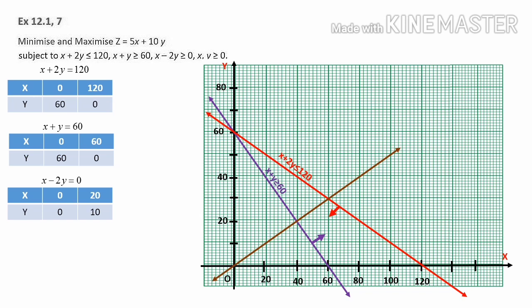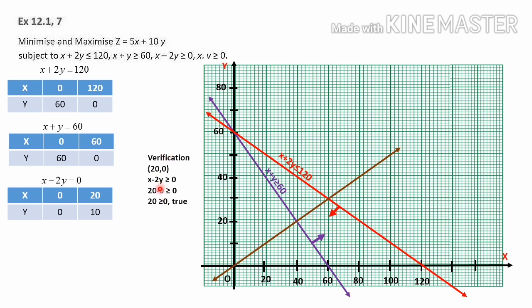For finding that region, (0, 0) is not possible to take because the line is passing through (0, 0). So we have to take some other point. I am taking the point (20, 0). Only this portion's verification I am doing; the other portions I have done by mental calculation.